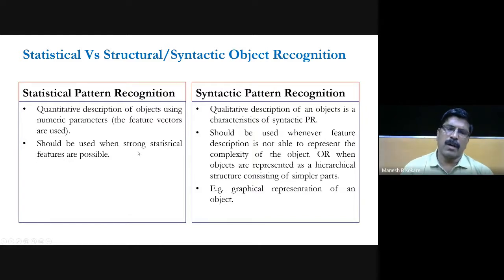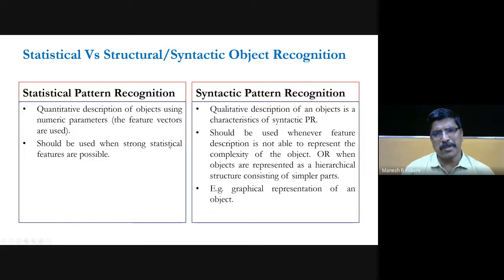Now, the second difference is about when we can use statistical pattern recognition or object recognition, and when we can use the syntactic. If we have strong statistical features in the application domain, then one should use statistical object recognition.